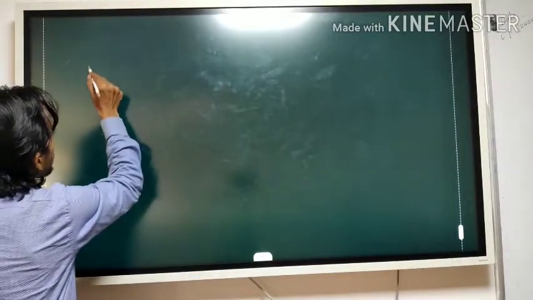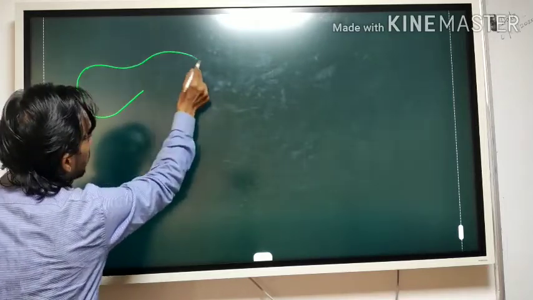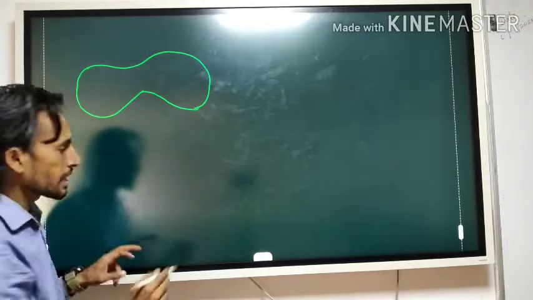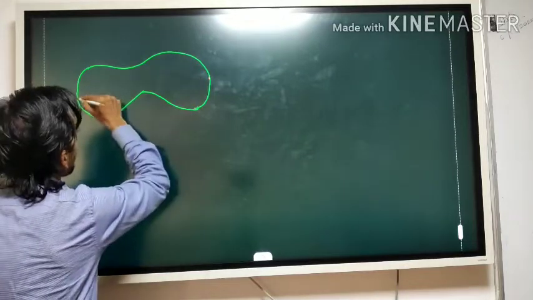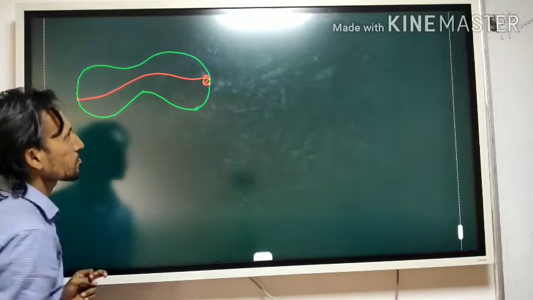So let's say your catchment area is like this, and let's say this is your stream, and this is your gauge station.